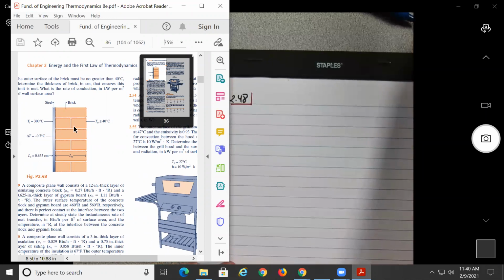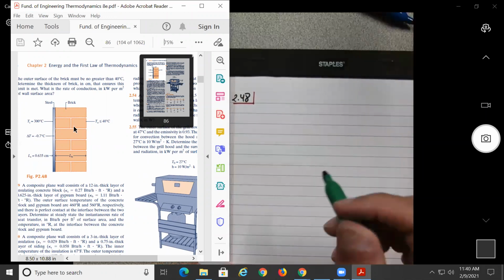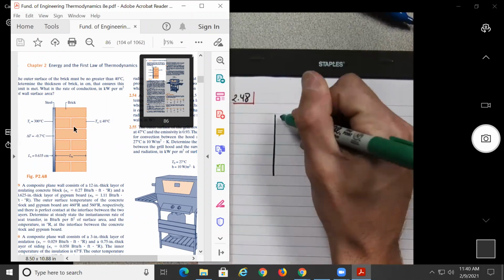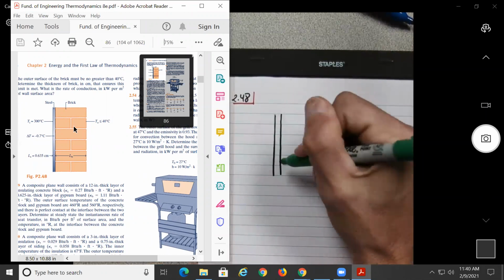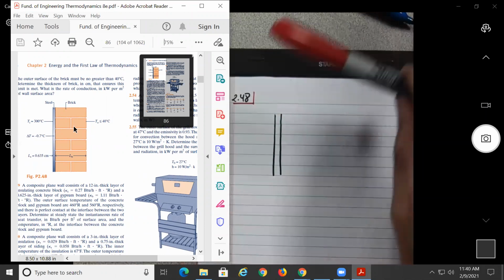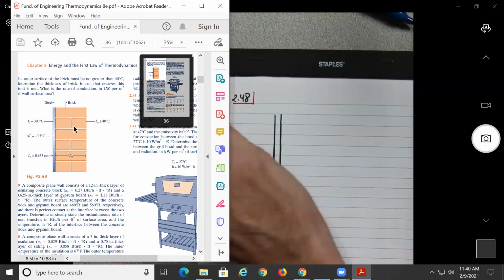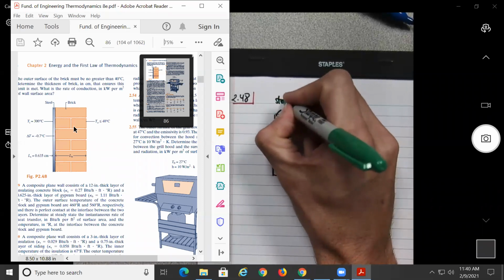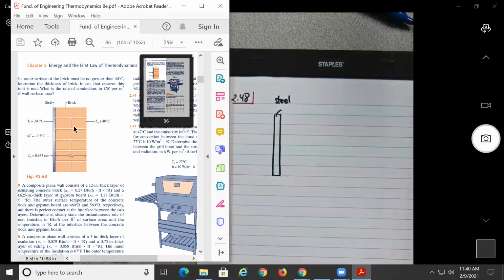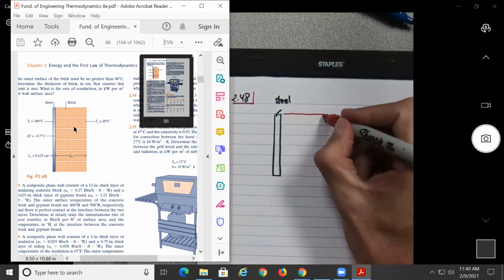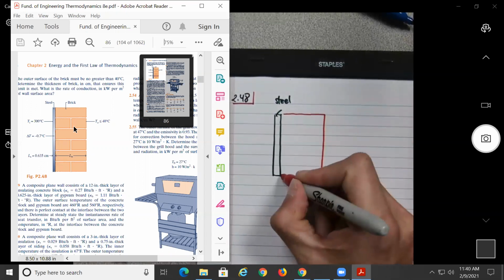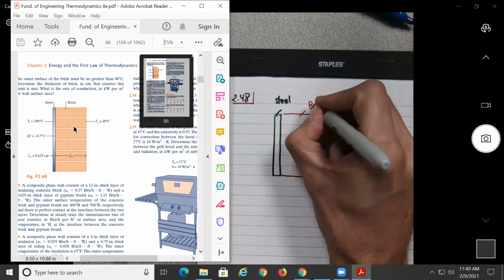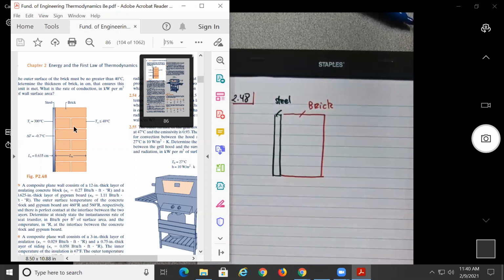So let's do the figure of brick here. Then we're going to have brick. So let's see what we know.